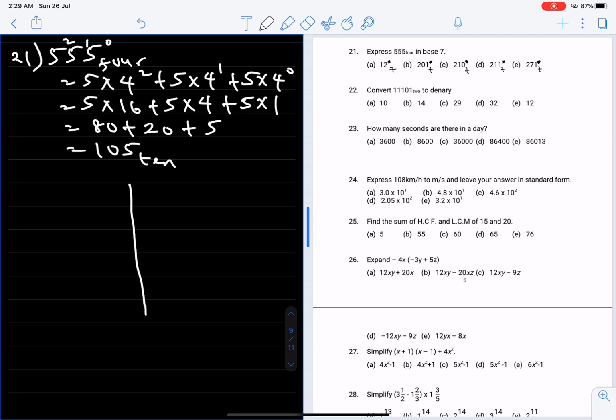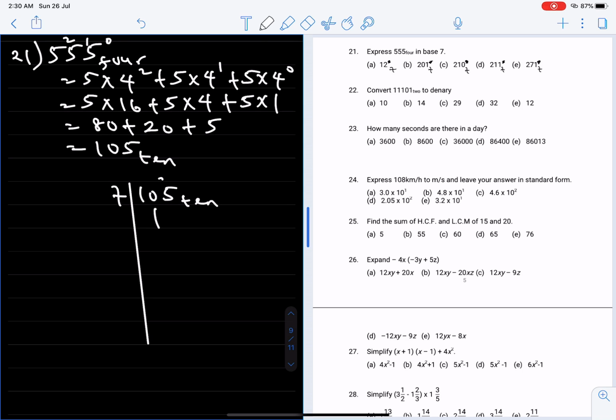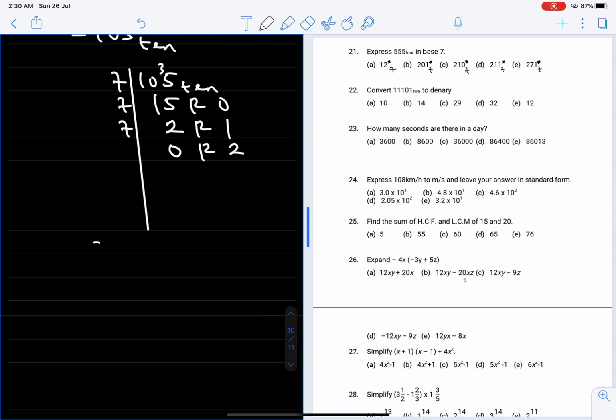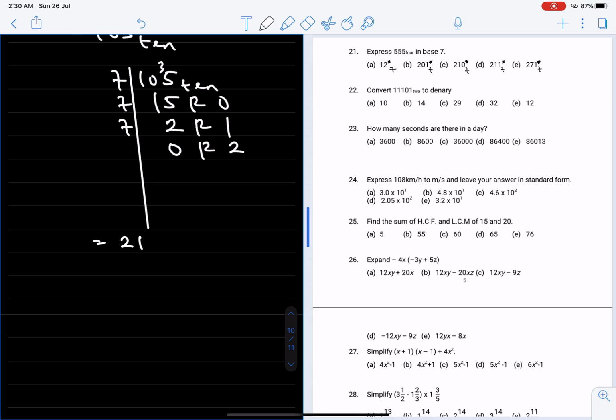And now we change that to base 7 by the long division method. 7 in 10 is 1. We're left with 3. 7 in 35 is 5. And there's no remainder. 7 in 15 is 2. 7 times 2, 14. We are left with 1. 7 in 2 is 0. And the remainder is 2. So, that's the same as 210 base 7.